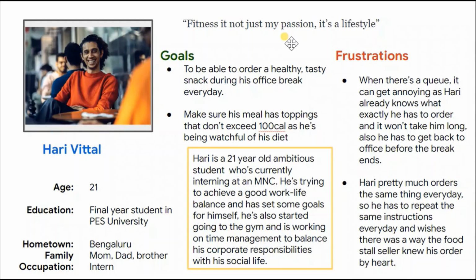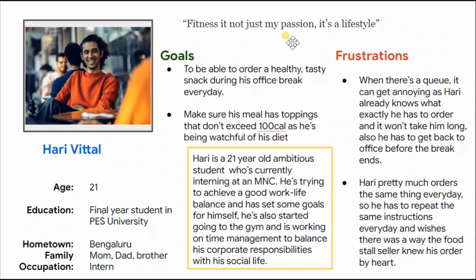He's not really concerned about experimenting with different things, so far as it is quick and reliable and caters to his needs of being healthy and adhering to his particular diet. So these are the two user personas that we have formed.